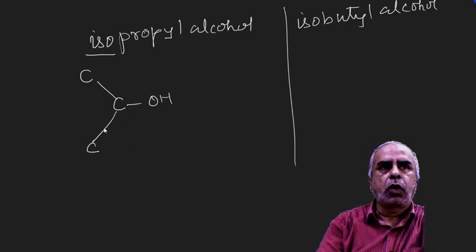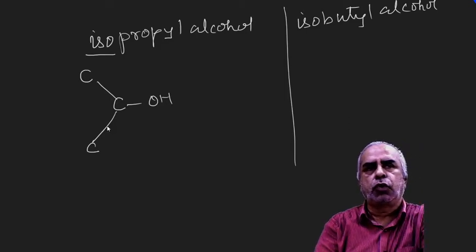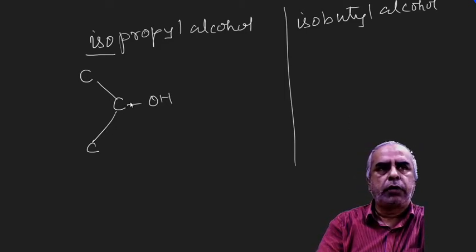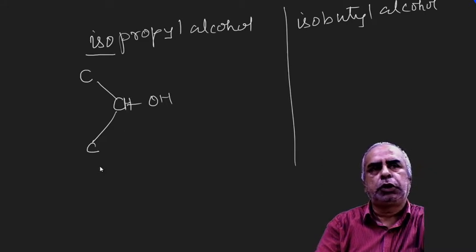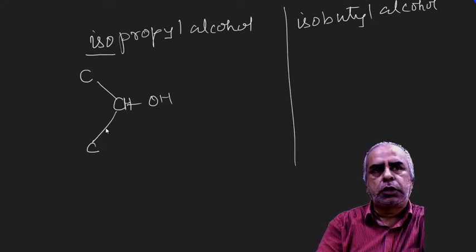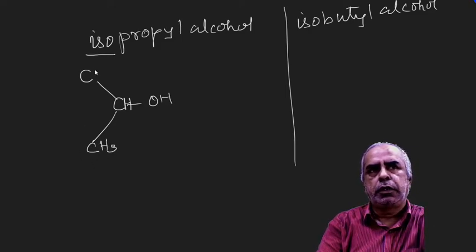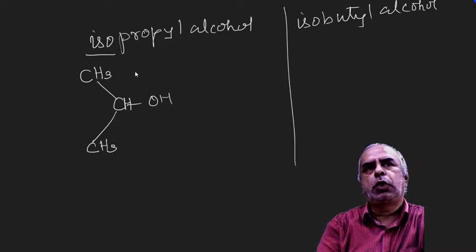Ensure that you have four valencies. You already have 3 bonds representing 3 valencies, so you add one hydrogen only: CHOH. And on the other carbons you have got 1 bond, so remaining 3, put 3 hydrogens each. This is called isopropyl alcohol.